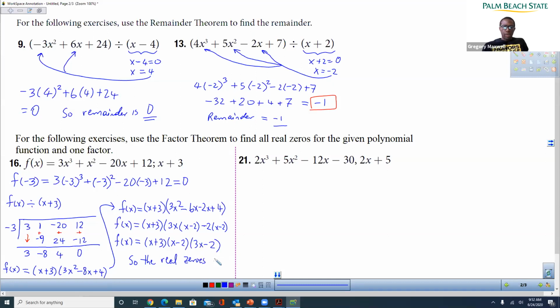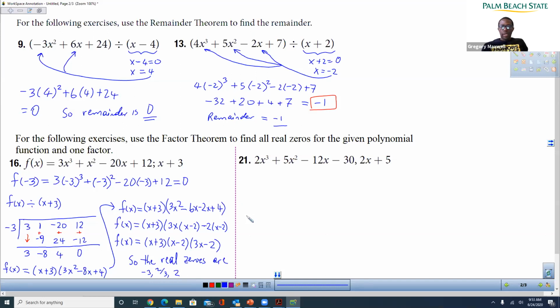That's correct, because the fundamental theorem of algebra says that if your degree is 3, then you can have no more than 3 zeros. Counting repeated, you have exactly 3 zeros if you count the repeated ones as multiples. So it's negative 3, positive 2/3, and positive 2 in order from least to greatest.